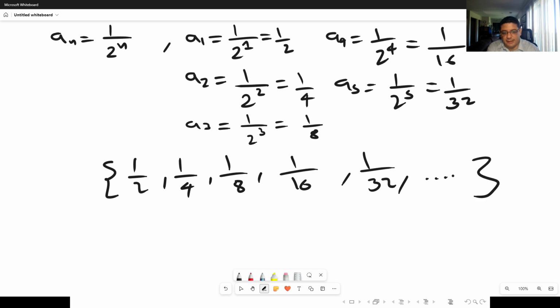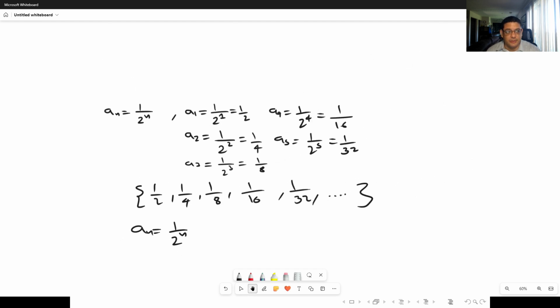And you will have to identify that an is actually 1 over 2 to the n. That is some of the challenge that sequences present. Sometimes you get the pattern and you get to identify who the members are, or backwards, sometimes you get the members, and from the members you should be able to identify the pattern.